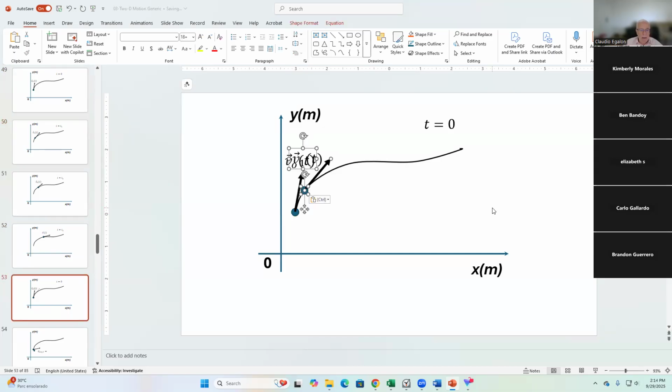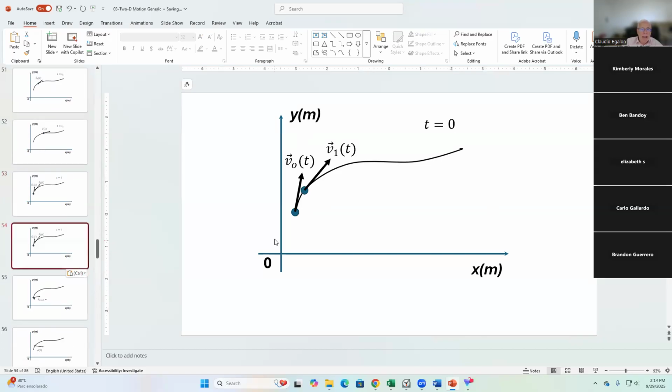V0, and it's very close, but that's okay. We deal with that. Remember that the average acceleration vector is going to be a vector that lies anywhere between those 2 points.